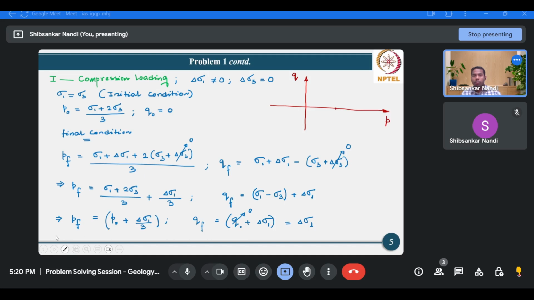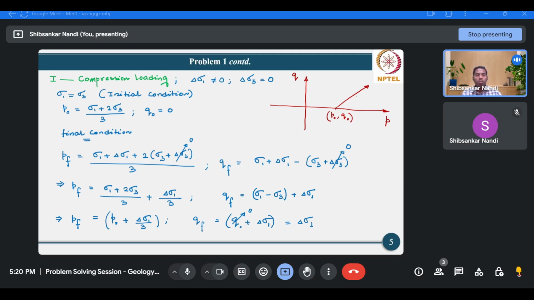Now your stress path will be like this, because this is your P0 and Q0, and it will basically increase, because delta sigma 1 by 3. So this is the increment in the P, and this is the increment in Q. So this will be the stress path.